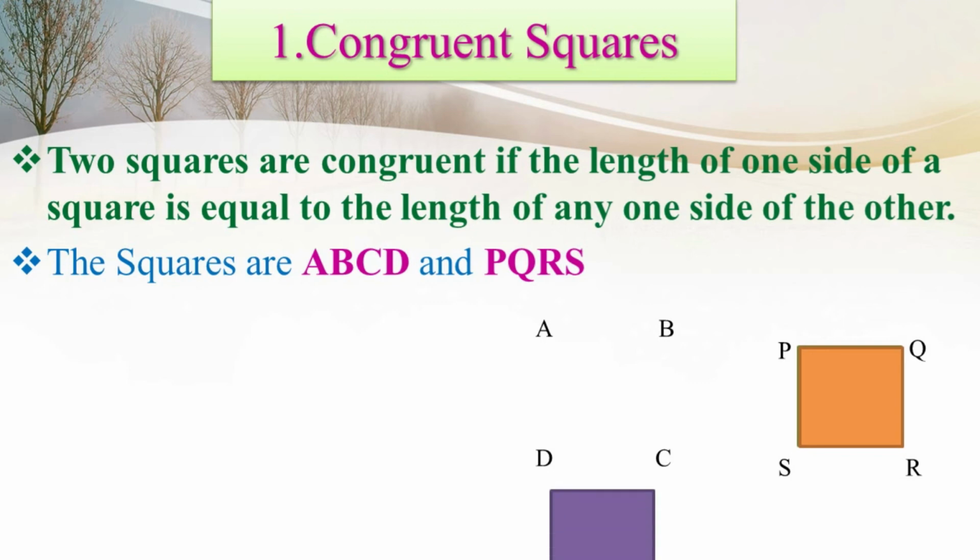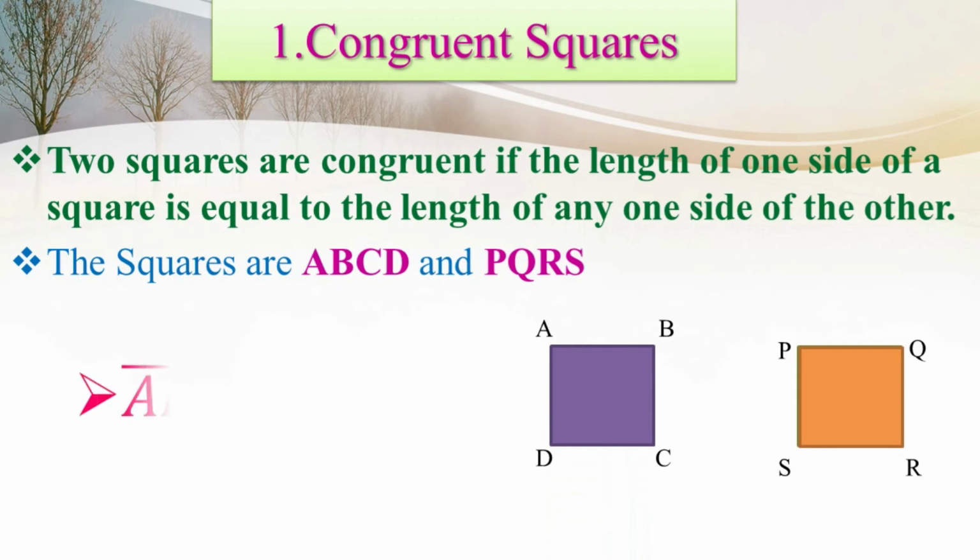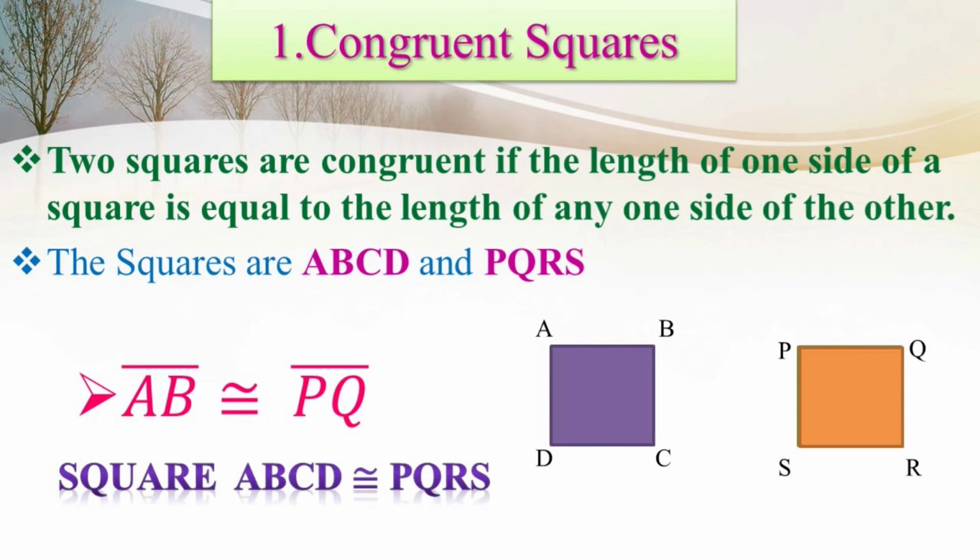Therefore, according to the statement, in squares ABCD and PQRS, side AB of square ABCD is congruent to the side PQ of square PQRS. This is the point we need to prove the squares are congruent. Therefore, square ABCD is congruent to PQRS.